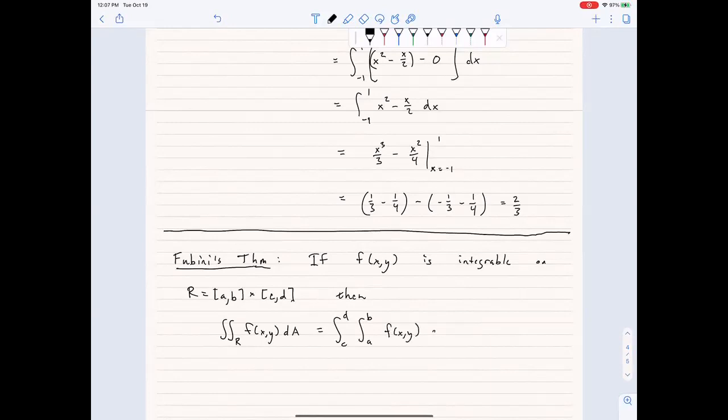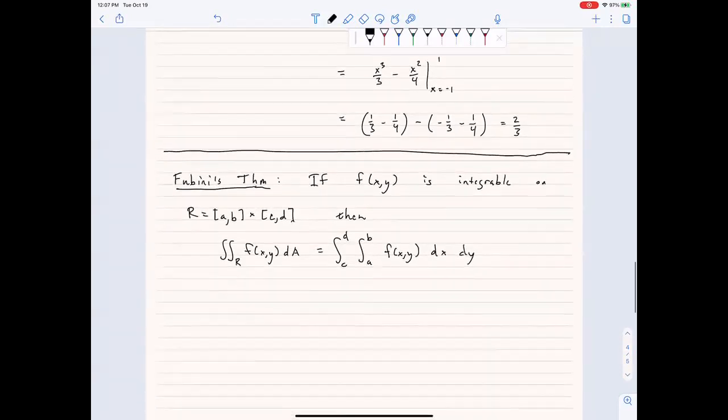Which, as we just saw, was not an insanely difficult thing, at least for reasonable functions. Furthermore, it says that the order we do this in is not determined. This choice can be made either way. We can integrate with respect to x first and then y, or the other way around, and we'll still get the same result.